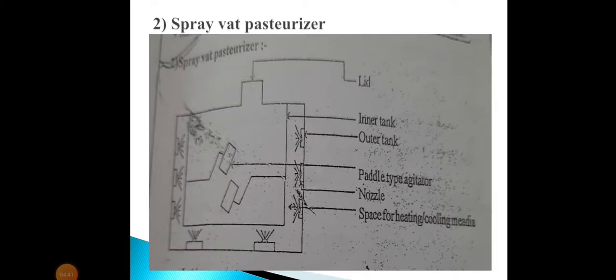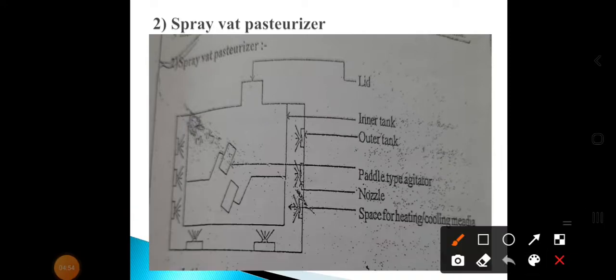Then the second one is the spray vat pasteurizer, and in this also we can see the lid here, and this is the inner tank, this is the outer tank, and this is the paddle type of agitator, and these are the nozzles, and this is the space for heating or cooling medium.